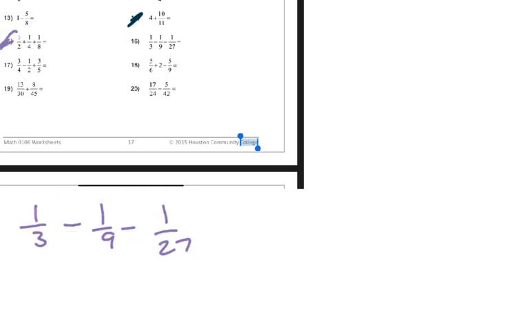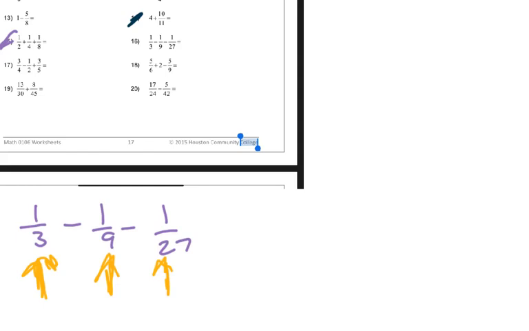So for number 16, instead of addition, we have subtraction. And one thing I want to stress here, this is one of those things that a lot of students make mistakes with. 1/3 is significantly larger than 1/9 and 1 over 27. And so when we subtract this, we don't have to concern ourselves with getting a negative number.